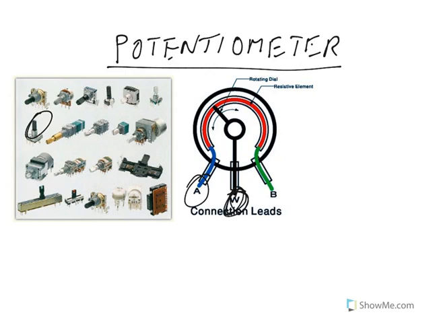So potentiometer, you might think it's not really an input transducer, but in fact it is, because we can change that resistance and change that voltage. So it's a processing element.